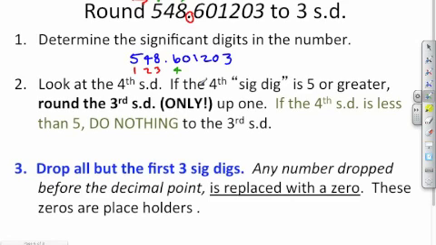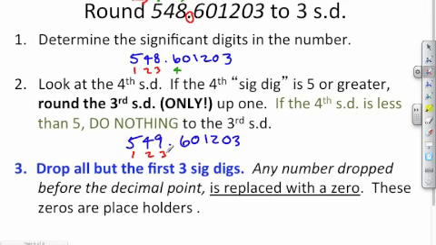Okay? So the 6 rounds the 8 to a 9. So what I end up with is my number changes slightly, and I get 549.601203.